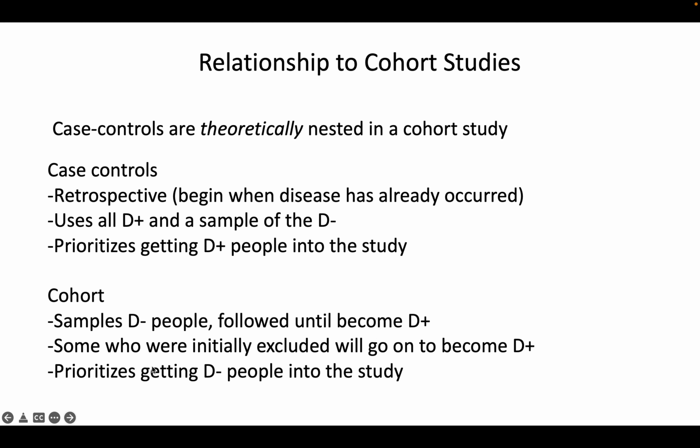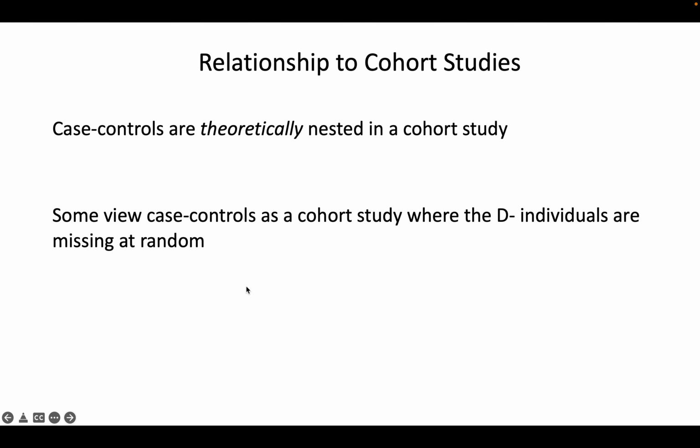You are prioritizing getting disease negative people into the study in the hopes that enough people will develop the disease over time that you'll have enough statistical power to detect the effect. It's easier to see this with visuals, but that was just some groundwork I wanted to lay first.